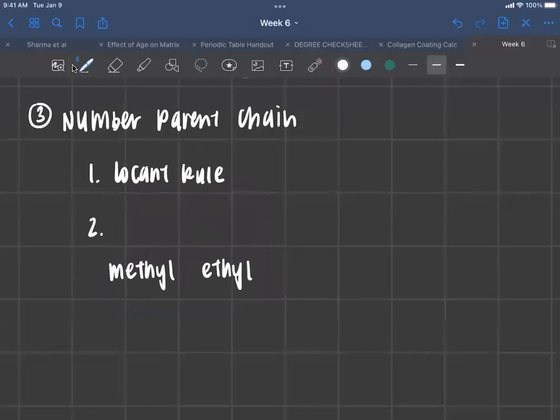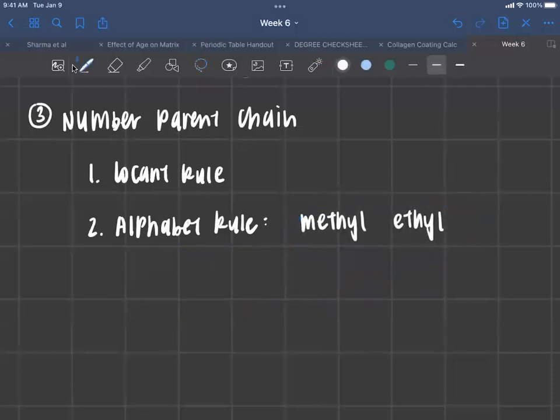And if there's a tie, we use the tiebreaker, which is the alphabetical rule. Again, right now we're focusing on this alphabet rule. So if we have methyl and ethyl, of course, we look at the M and the E. E comes first in the alphabet. So we'll go with whatever route will give this ethyl group the lowest locant number. So it's kind of like a sub-unit of this rule then.